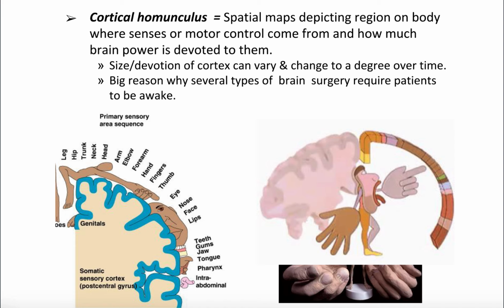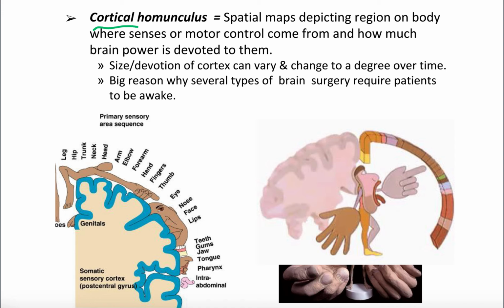People have been able to map those areas and associate them with certain parts of your body. This brain mapping is known as the cortical homunculus.